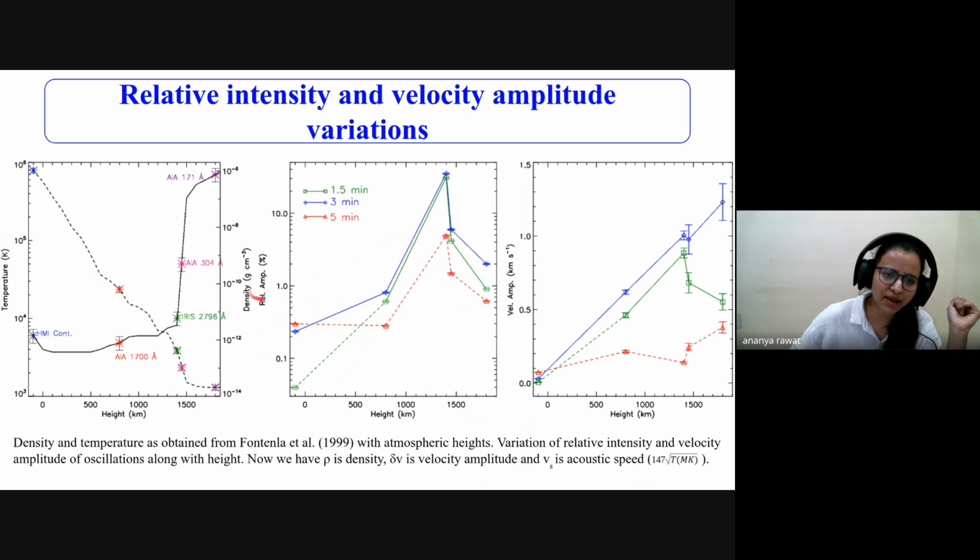Now from the relative amplitude, using a scaling method, we can determine the velocity amplitude as well. Now we have velocity amplitude, we have density, and we have speed of sound, so we can determine the wave energy flux.